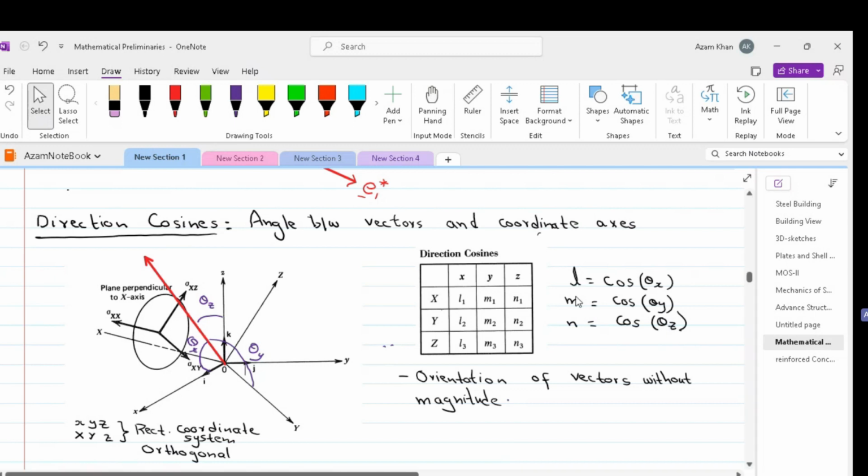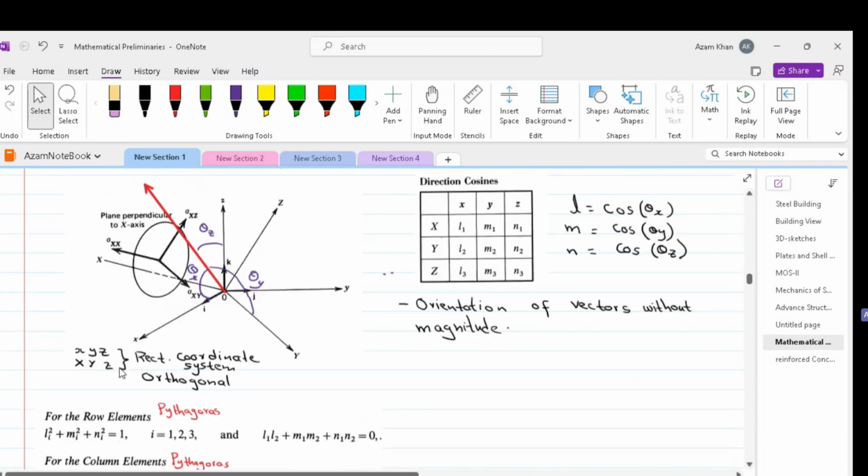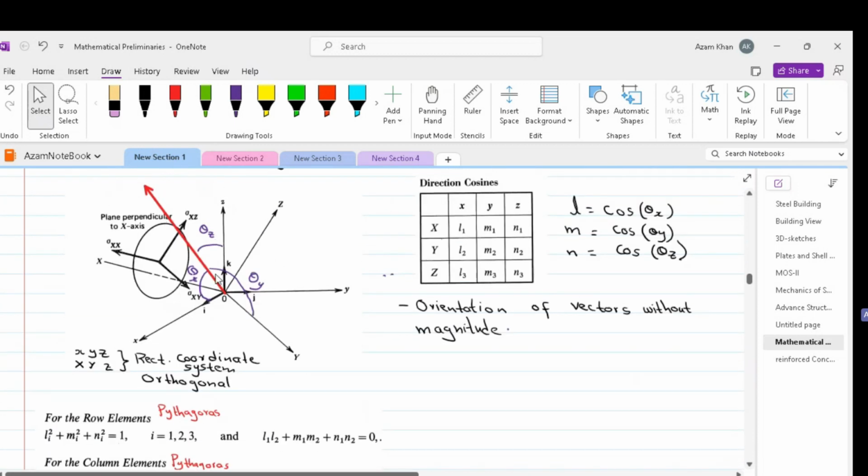Since the direction cosines are cosines, they lie in the range between -1 and +1. The sum of the squares of the direction cosines is equal to 1. That follows the Pythagoras theorem. So we can take the component in all three axes and square them, and that should be equal to 1.